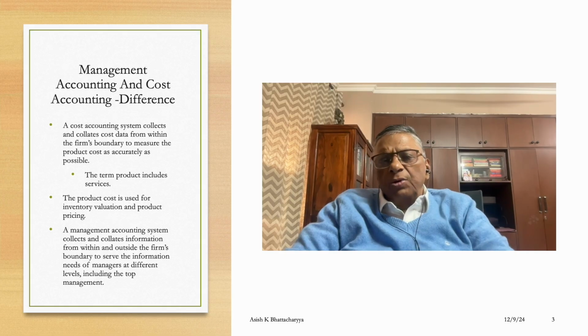I will discuss value chain later, but what is important for us now is that as a manager, when we reach the top management level and talk about strategy, we have to decide what activities are to be taken within the boundary and what activities are not to be taken within the boundary.